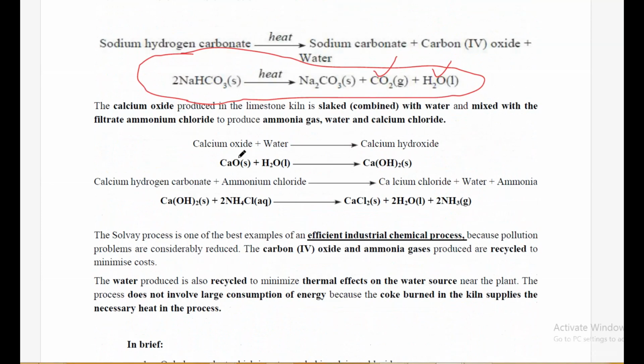Now this is the reaction taking place in the slaker, where calcium oxide is added to water to form calcium hydroxide. Now this is the reaction which takes place in the ammonia generator. In the ammonia generator, calcium hydroxide plus 2 ammonium chloride forms calcium chloride, water, and ammonia. Ammonia is regenerated again, then it is recycled.